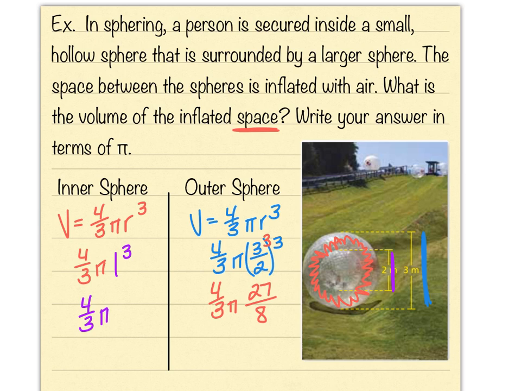So remember, I'm taking both of these to the third power. And now I can cancel, since I'm multiplying everything here. The 4 and the 8 can cancel, and then the 3 and the 27 can cancel. So I get 9 halves pi.